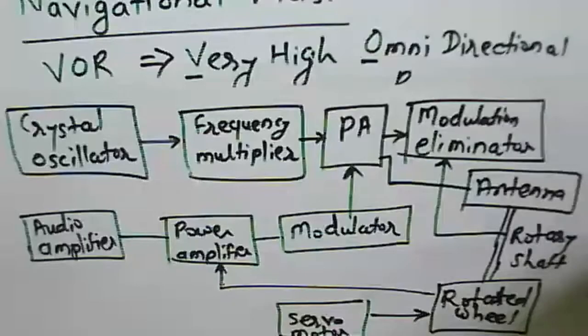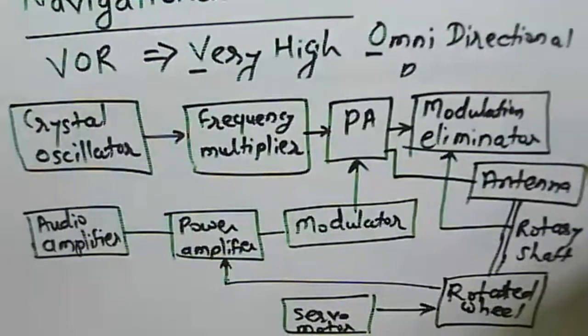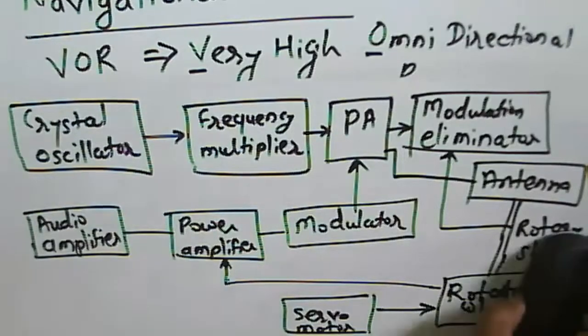Then another case we can consider: we have the VOR ground equipment, and then we need to know what the position of this antenna will be, at a receiver, that is, at an aircraft.